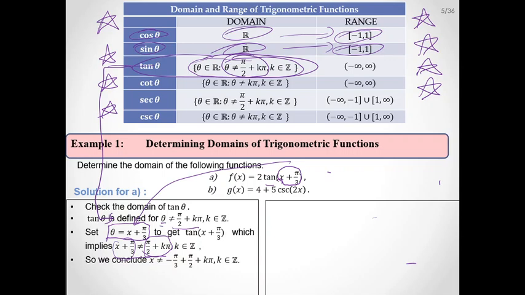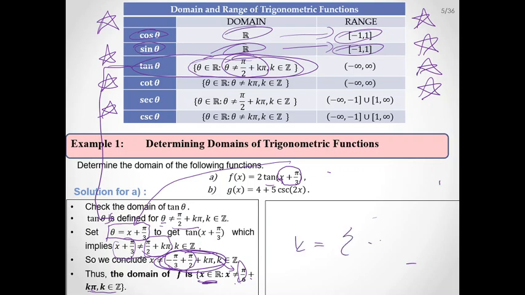So then we conclude x is not equal to pi over 6 plus k pi. So you write the domain this way: x can be anything but not this one, pi over 6 plus k pi, where k is in Z, so k can be anything: minus 2, minus 1, 0. I'm including all the integers. And we have the same thing here.